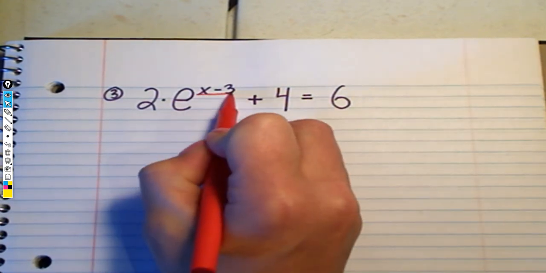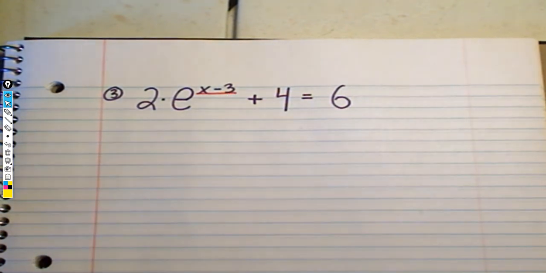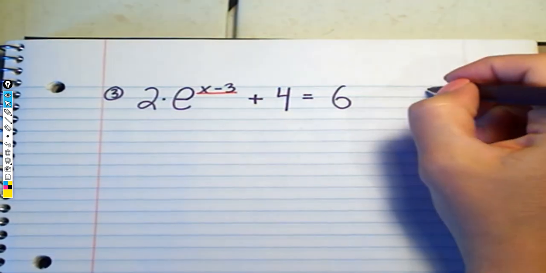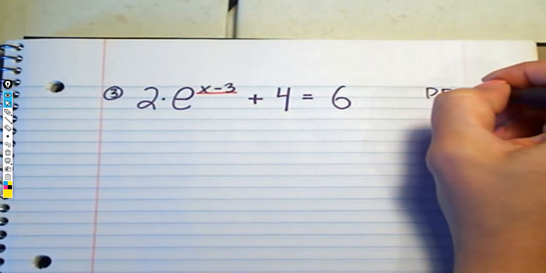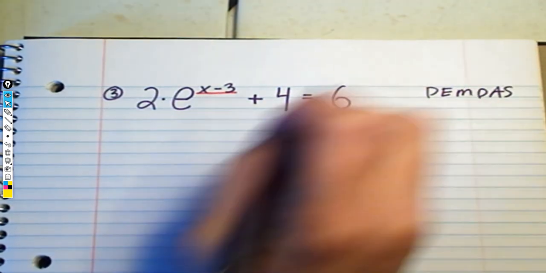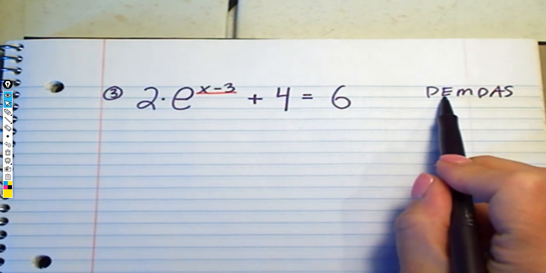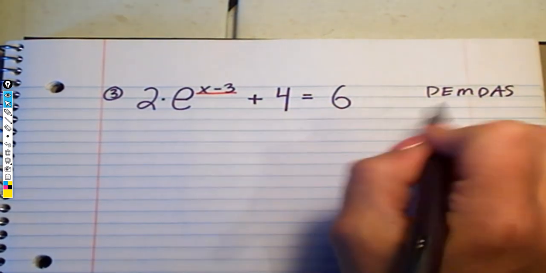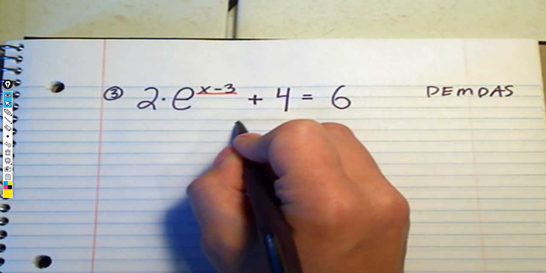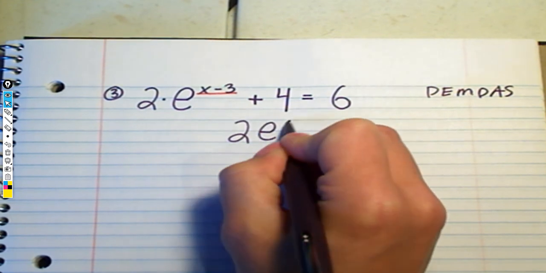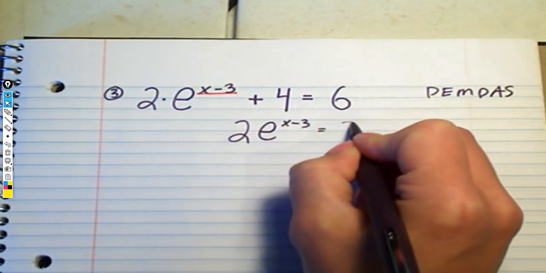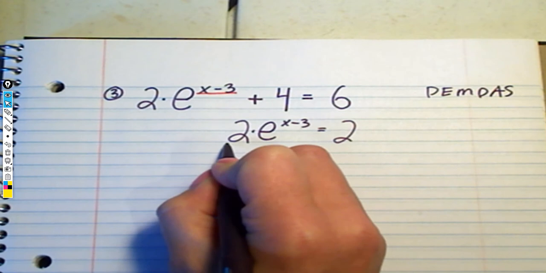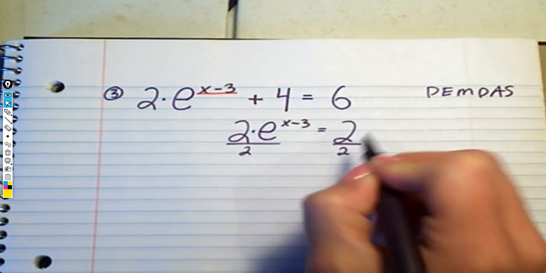I'm going to underline the exponent because that comes in the e step. So I've got to think about my PEMDAS, right? The red part, that's the e part. So you better take care of the 4 and the 2 first. Okay, so add, subtract. I'm going to minus the 4. Okay, then I'm going to divide by 2.